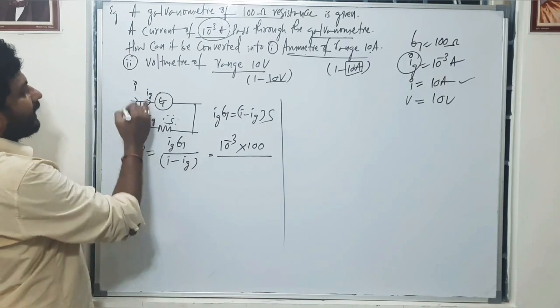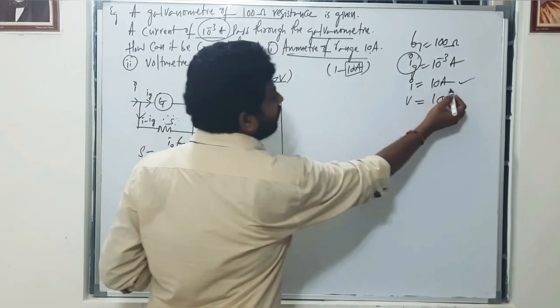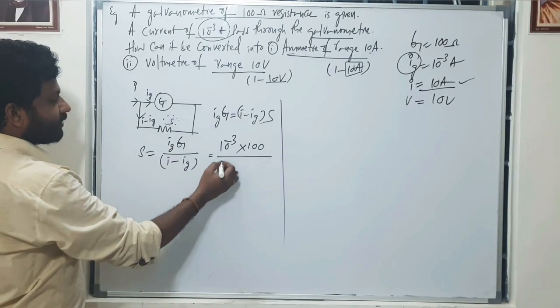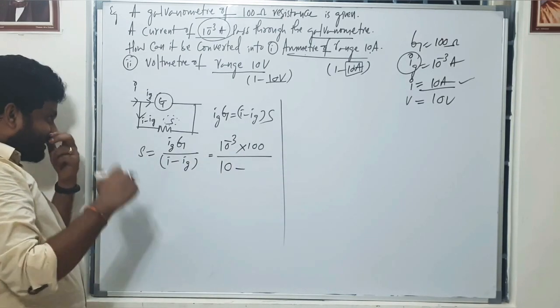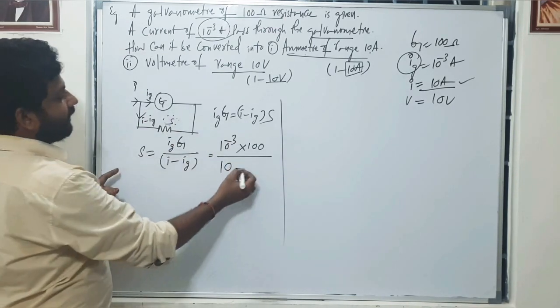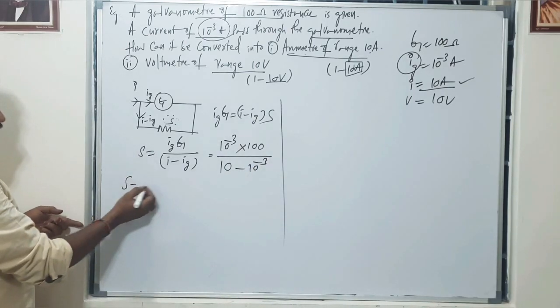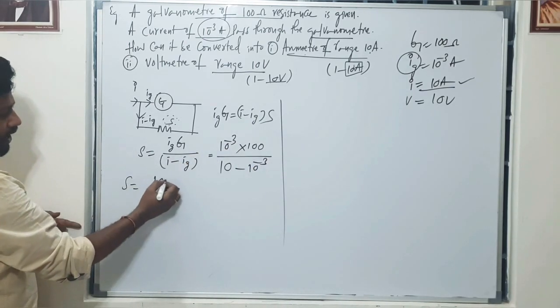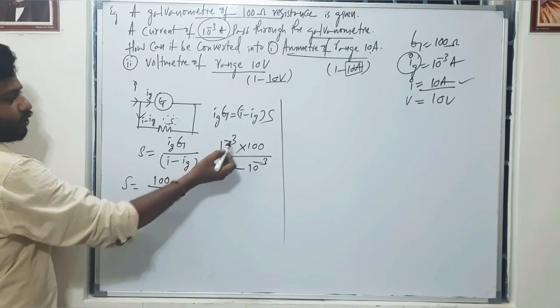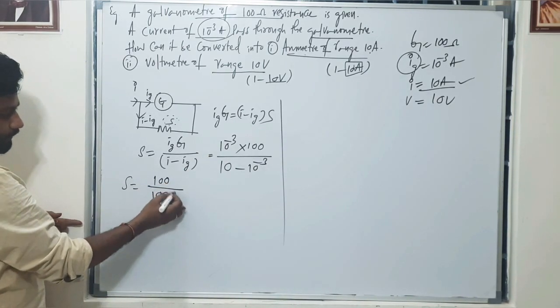What is the total current passing through the ammeter? So this is 10 ampere. It's 10 minus Ig. What is Ig? It's 10 raised to minus 3. You can solve like this. S is equal to 100 divided by, what is the numerator I am talking about? 1000.